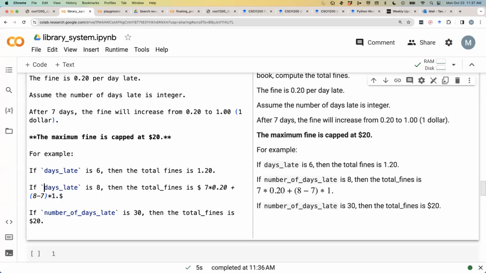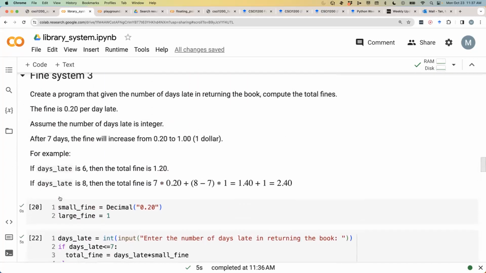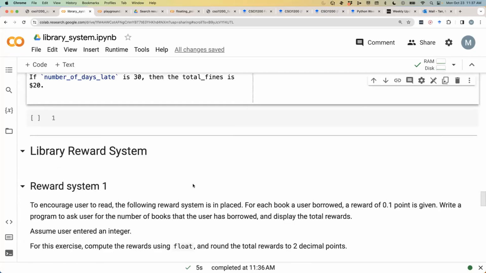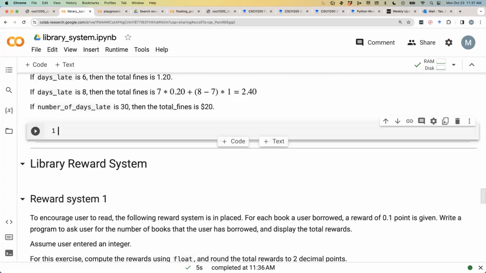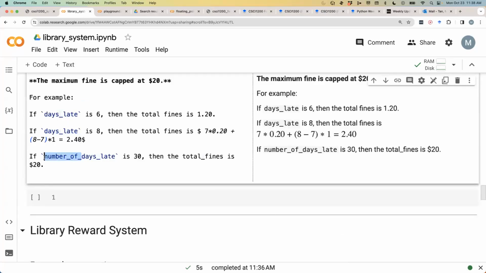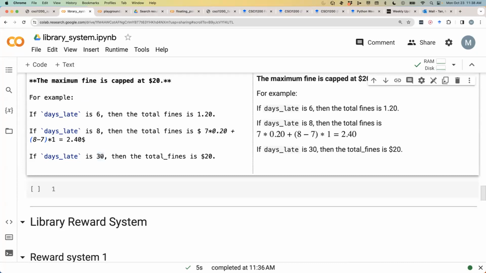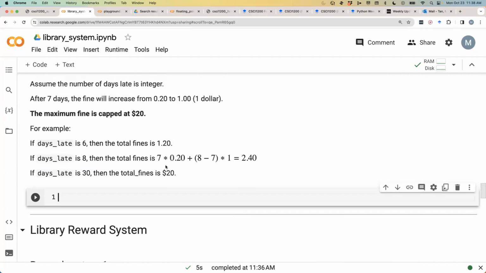If the days late is 8, then the total fine will be 7 times 0.2 plus 8 minus 7 times 1, which we have seen is equal to 2.4. Now, if the number of days late is say 30, late by 30 days, it will exceed $20.